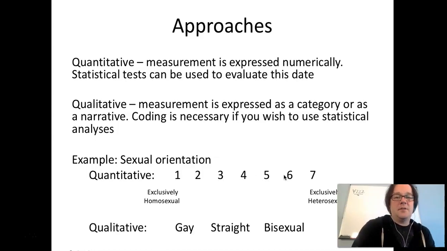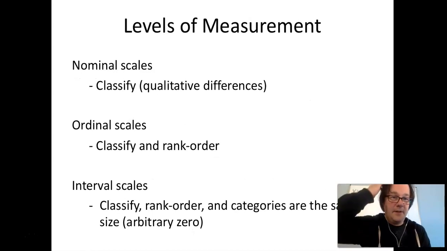So if somebody scores 5 or 6 on this scale, they're not exclusively heterosexual, but that same person, if they were only given 3 options, would likely choose straight, right? So you get more information with quantitative types of data or scales, let's say.